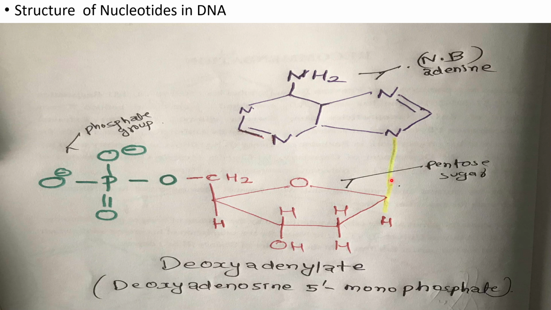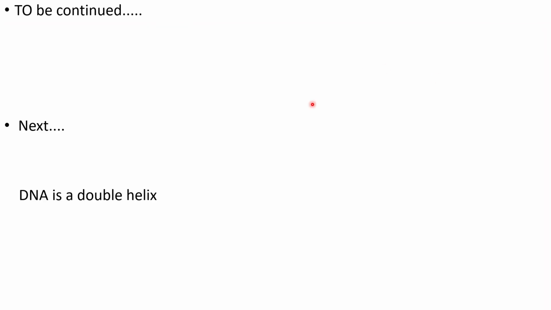You have this bond in this yellow color, and again in its 5th carbon, it is linked to the phosphate group, and all this makes the nucleotide in DNA. This is called deoxyadenylate or deoxyadenosine 5-monophosphate. It has only one phosphate, so that is called monophosphate. And this is the end. In the next video I will talk about the double helix structure of the DNA.